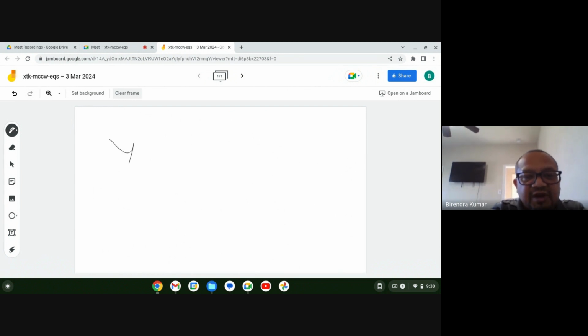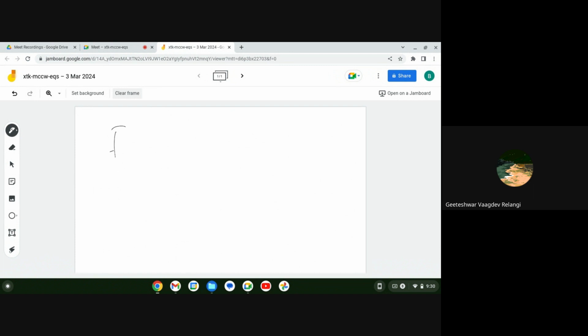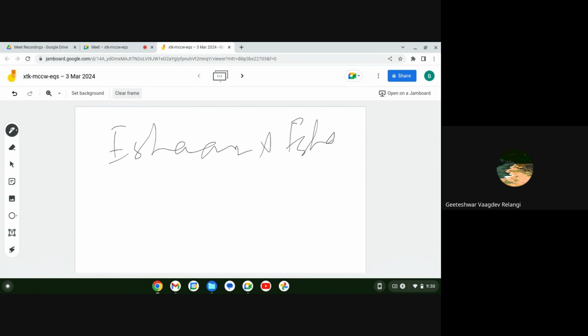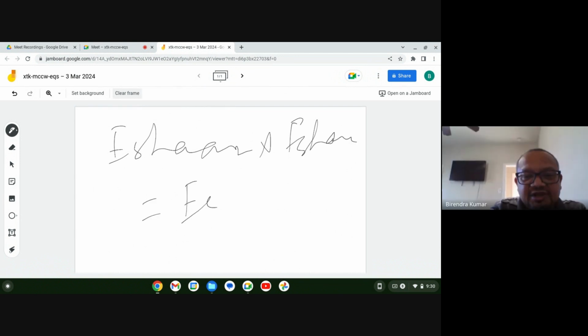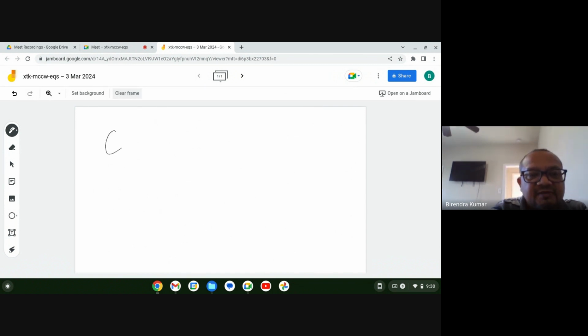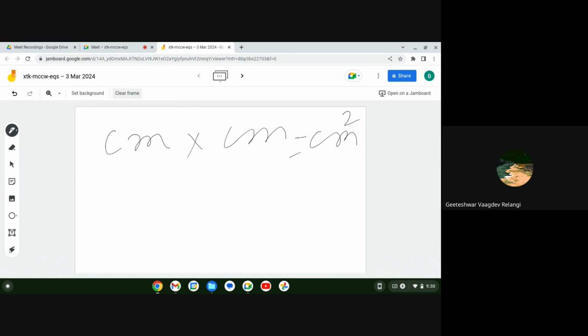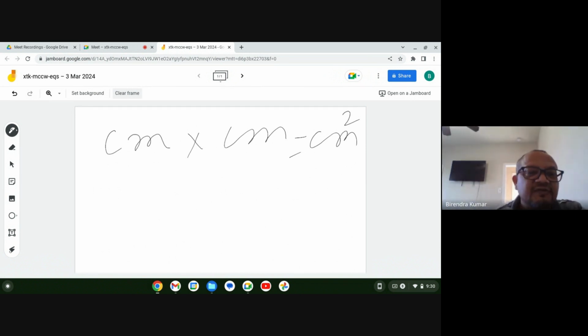If you say y into y, you can say y to the power 2. If you say Ishan into Ishan, that'll be Ishan to the power of 2. Same way, since we are multiplying centimeter with centimeter, it became centimeter to the power 2. And there are more interesting concepts around this one. When we learn exponents, I will explain that to you guys. Do not worry too much about it for now.